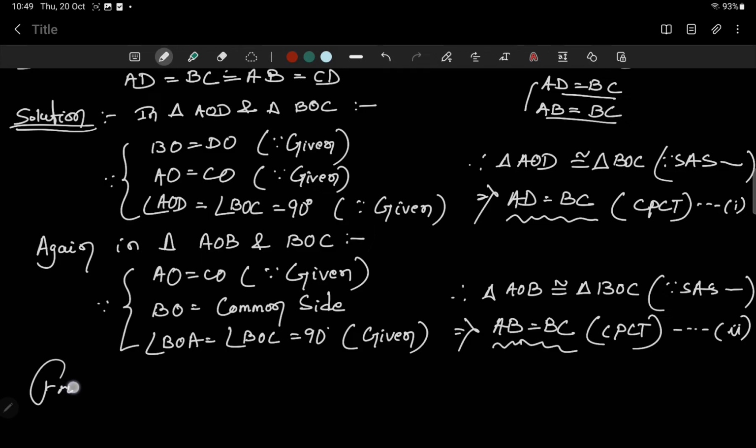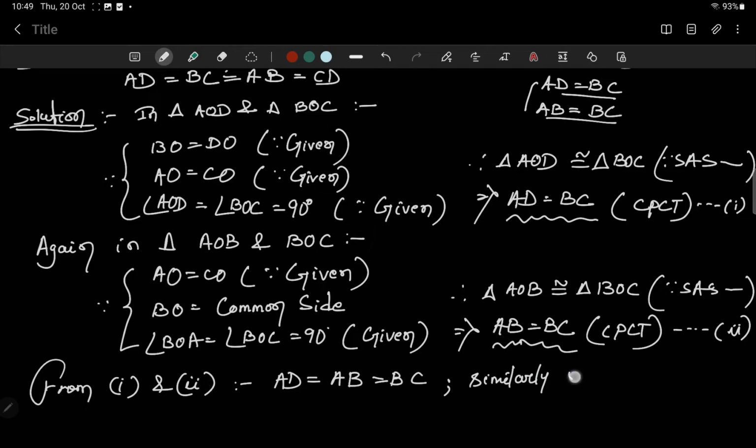So hence from 1 and 2, we can write what? AD equals to AB equals to BC. Yes or no? All the three are same.